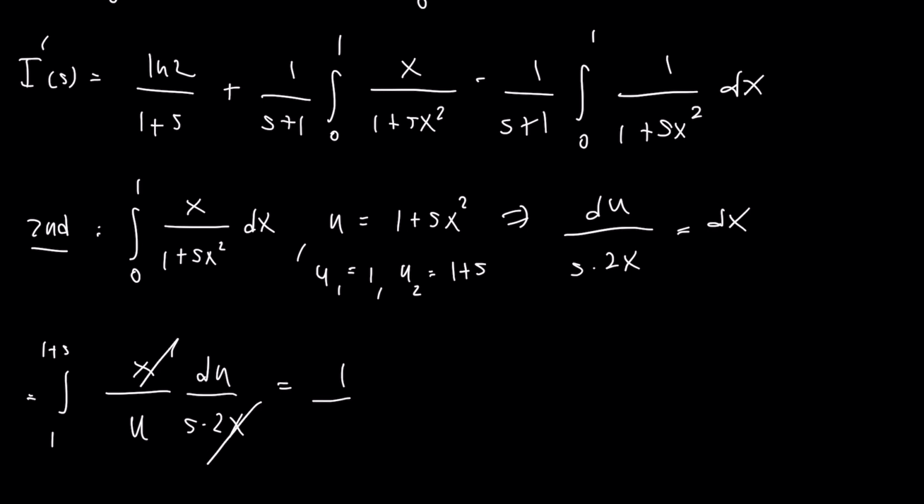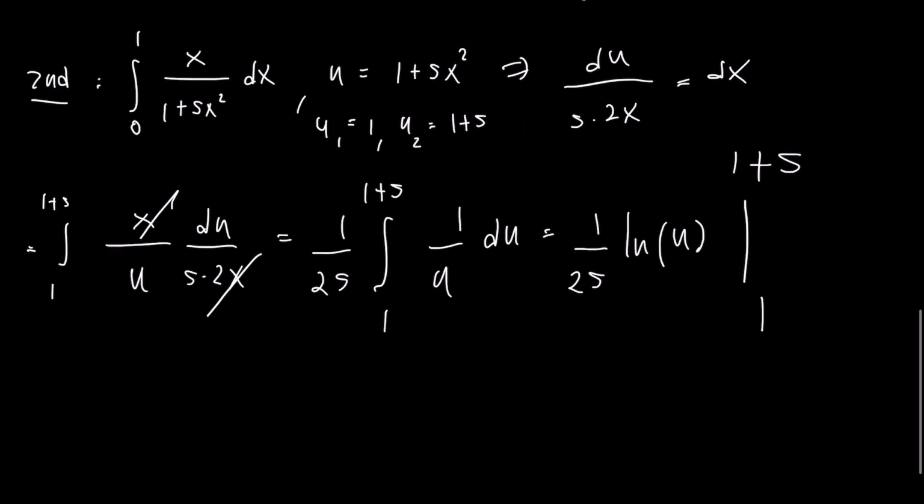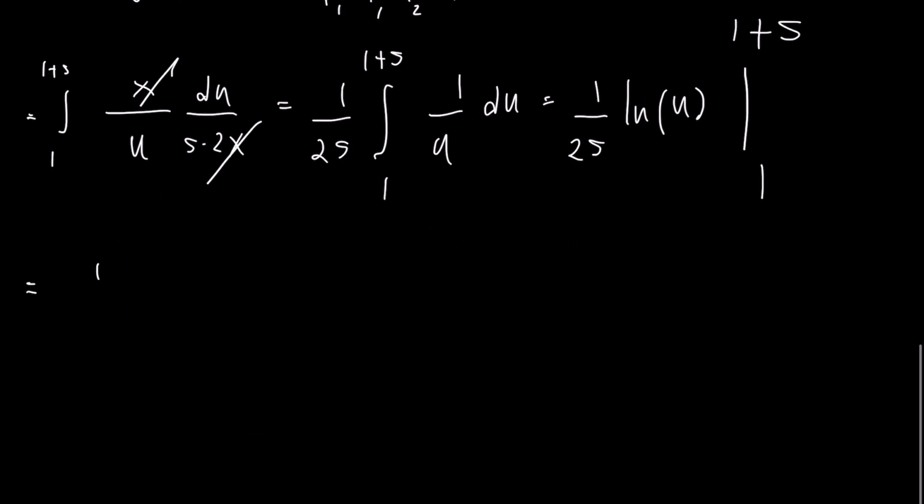We're left with 1 over 2s, the integral from 1 to 1 plus s of 1 over u du, which is 1 over 2s, the natural log of u from 1 to 1 plus s. That's going to yield 1 over 2s times the natural log of 1 plus s.